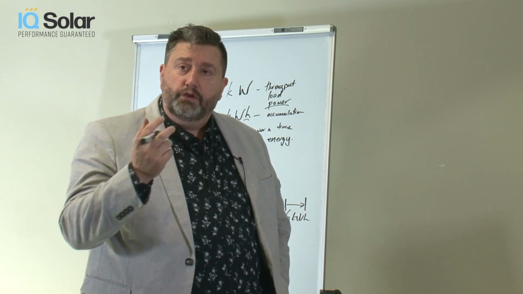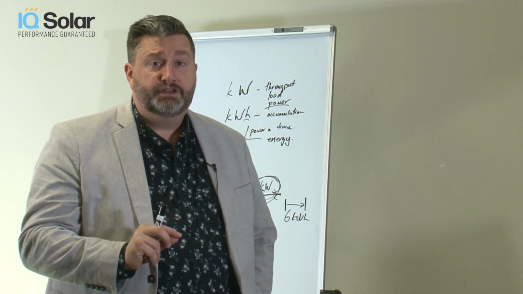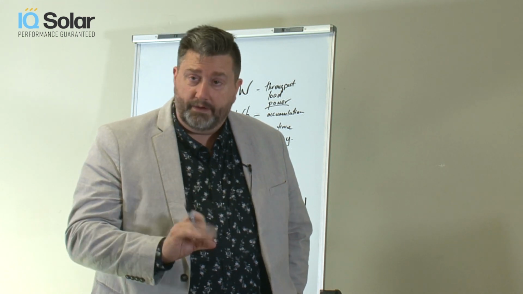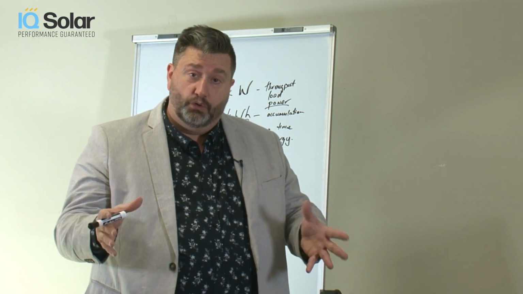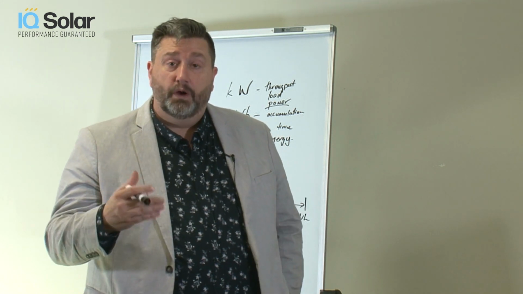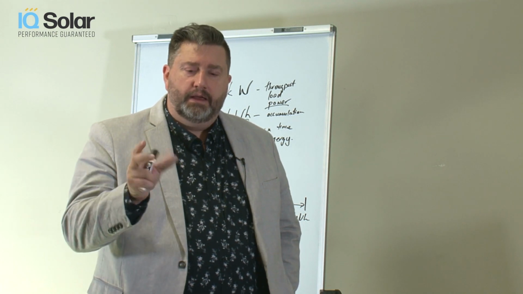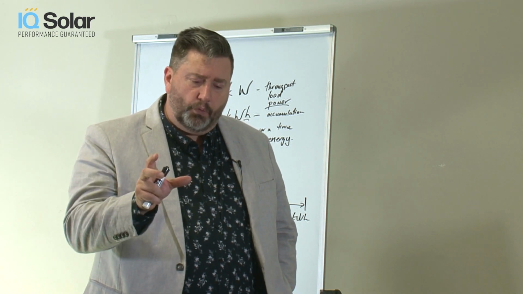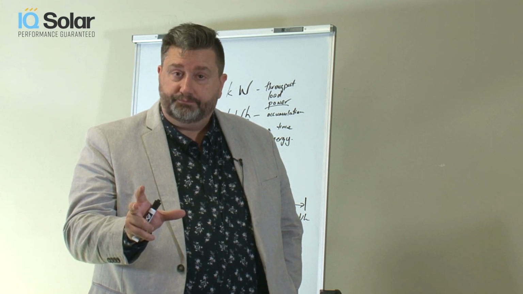If you are looking at a battery system, there's typically two measures that people will talk about. The most important one with batteries is how much energy it will store, and that is measured in kilowatt hours. For example, a Tesla Powerwall 2 will store 13.5 kilowatt hours.